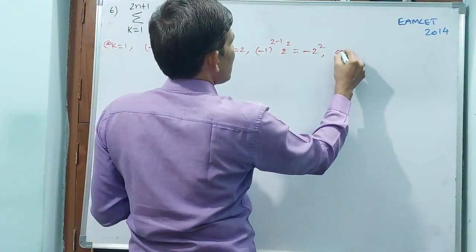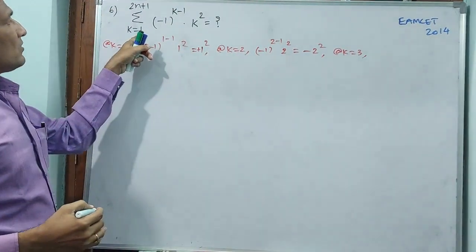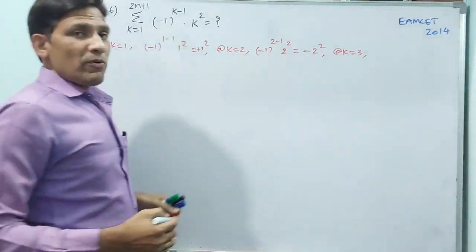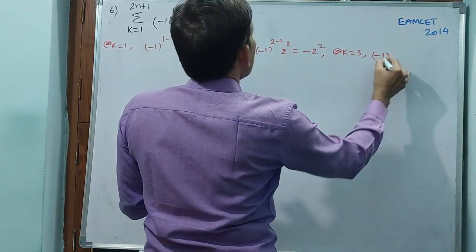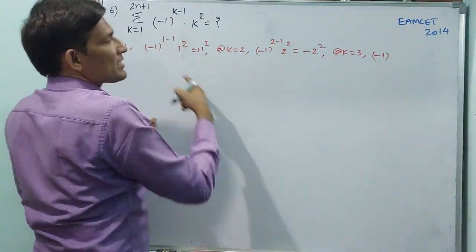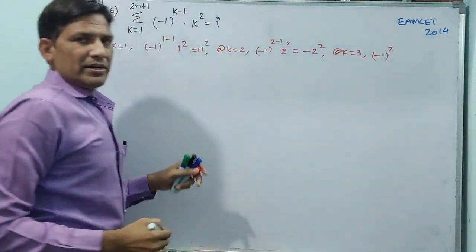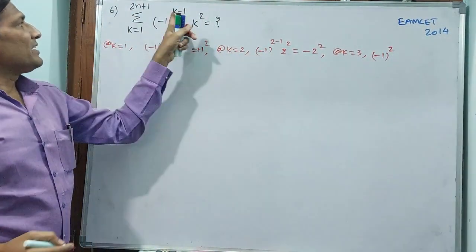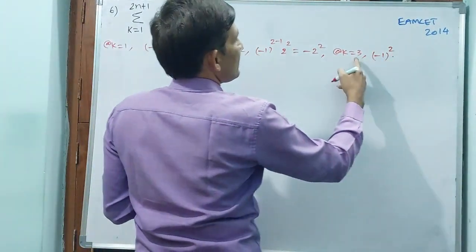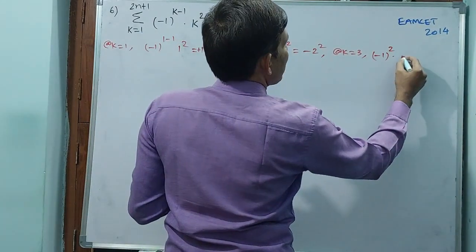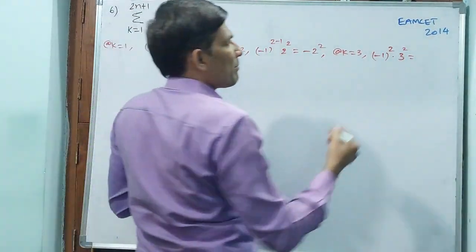Go for k is equal to 3. When k is equal to 3, minus 1 whole power 3 minus 1, that is 2. Directly I have written. Why? Because 3 minus 1 is 2, minus 1 square means plus 1, and k is 3 means 3 square.